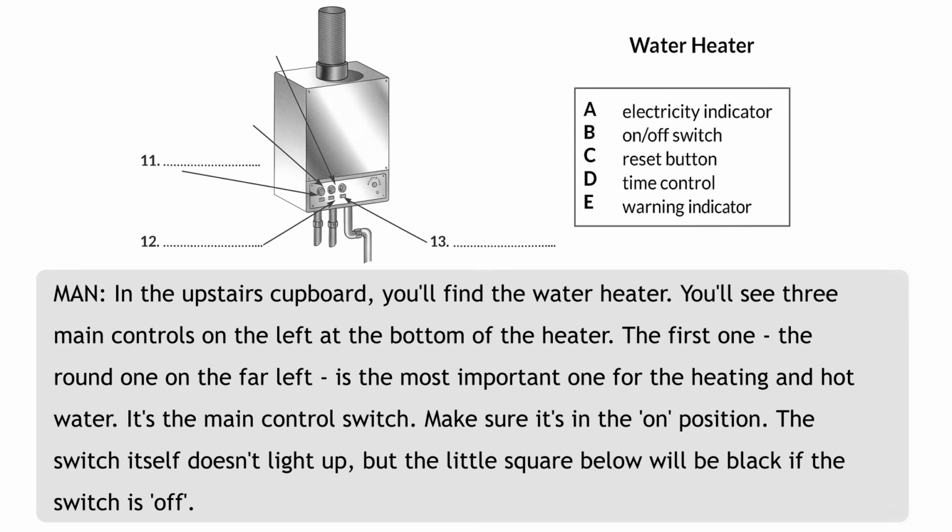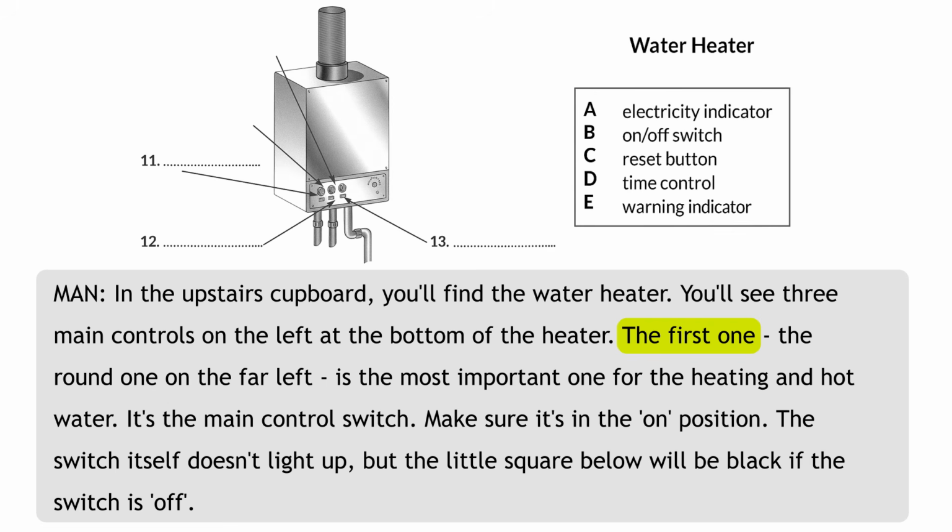Let's start reading it. The man starts by talking about, in the upstairs cupboard, you'll find the water heater. You'll see 3 main controls on the left at the bottom of the heater. The first one, now this is very important, the round one on the far left is the most important one for the heating and hot water.